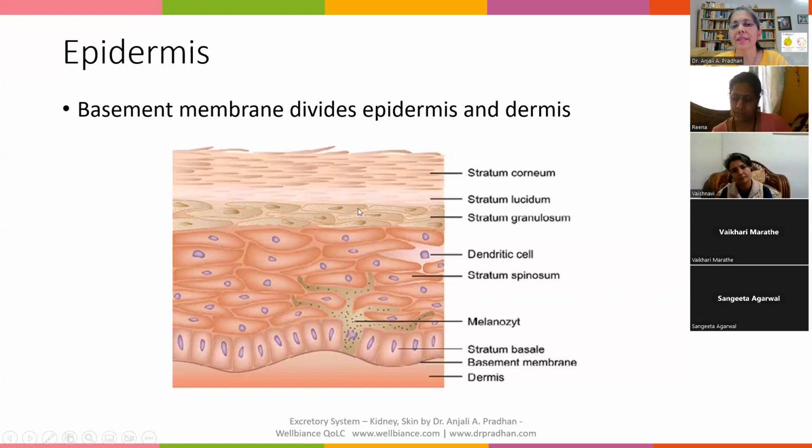And then they move upward. ये जो layer है stratum lucidum, it is present only in thick skin. This is absent in thin skin. And the uppermost layer is stratum corneum.